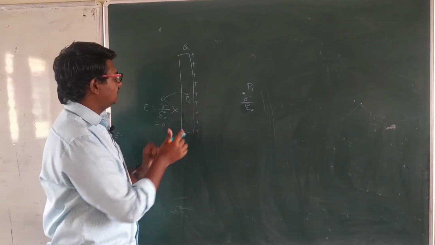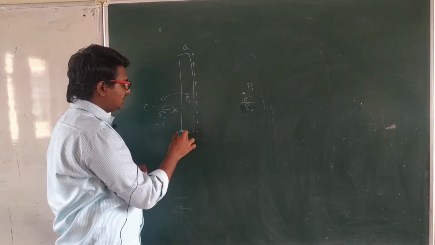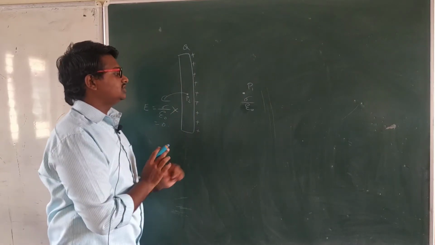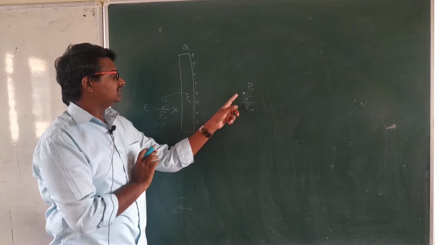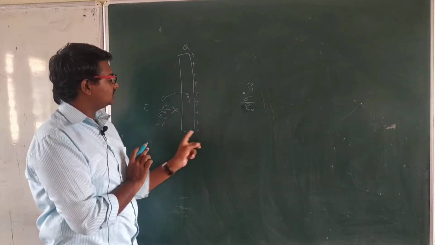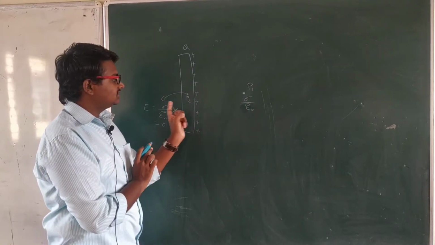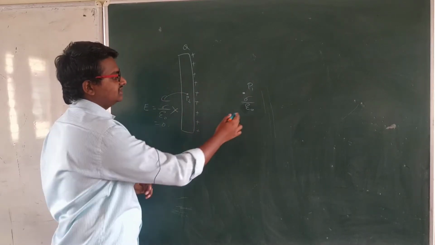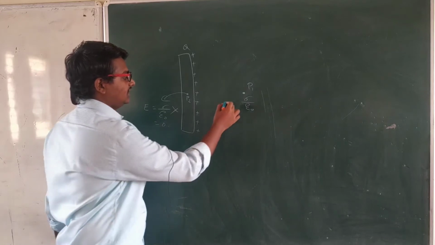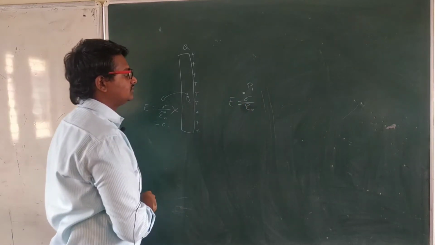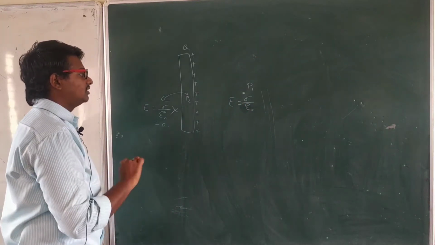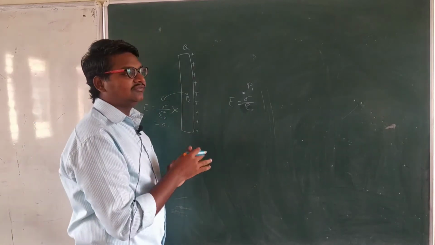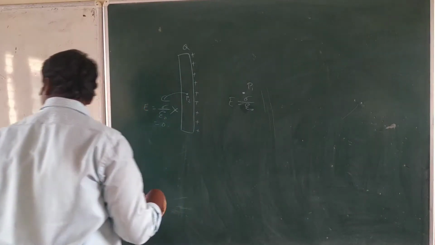That is the reason the electric field inside the conductor is 0, and the electric field outside the conductor, due to this charged conducting sheet, on one face is equal to sigma by epsilon naught. Okay, like this, few cases.